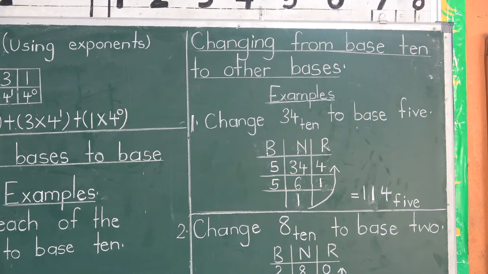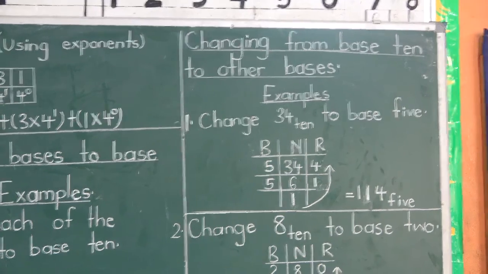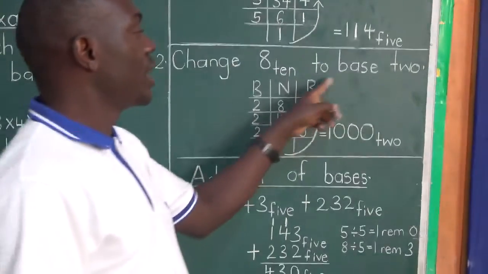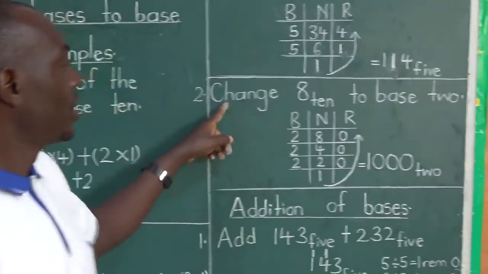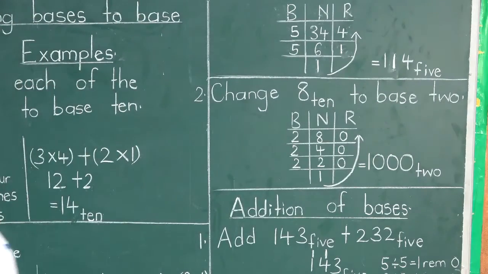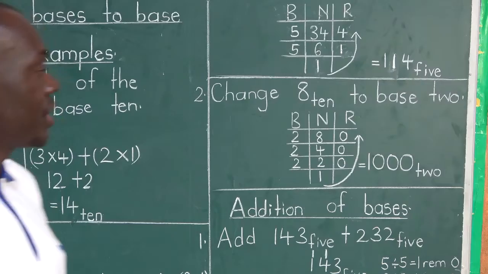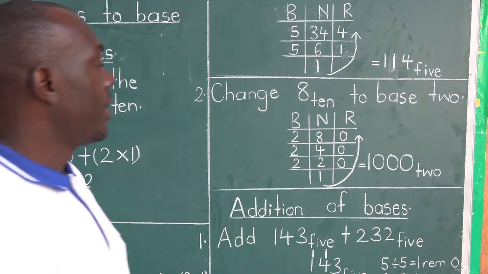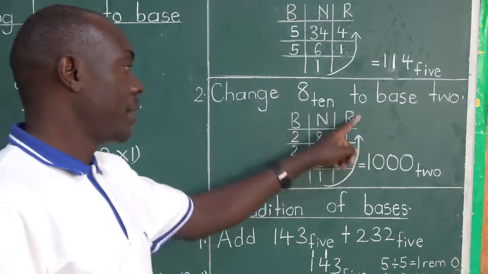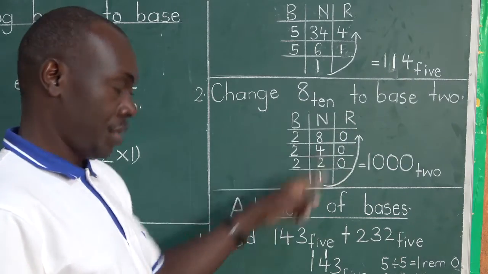And then look at example number 2, which tells you to change 8 base 10 to base 2. Now, being that 8 is a base 10 numeral, we are going to divide through use of base number remainder. Banana never rot.